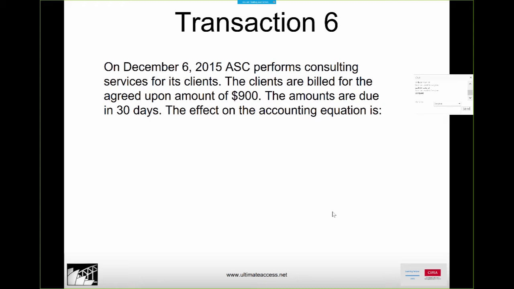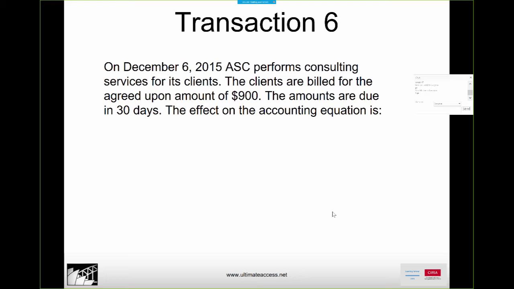No, correct, we've not received the money. So if you've not received the money, where will you post this transaction? There is a name for that account. What will you call that? Debtors, correct. Yes, Vishali, it is right. So you will debit the debtors account and credit the sales account.